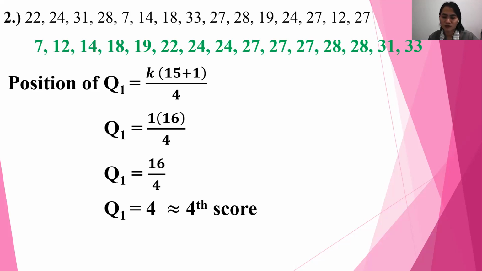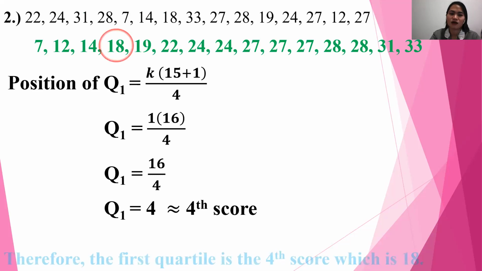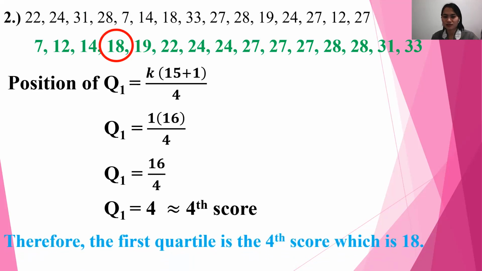So our first quartile is the fourth score. Very good. The first quartile is the fourth score, which is 18.